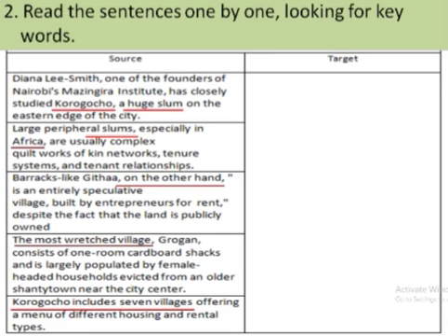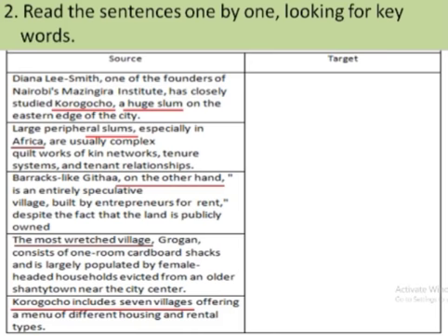Okay, and the next one, the most wretched village. Okay, the most is an important keyword, and we'll see later on why this is important. Okay, all these adjectives are important. Grogan consists of one-room cardboard shacks and is largely populated by female-headed households evicted from an old shanty town near the city center.